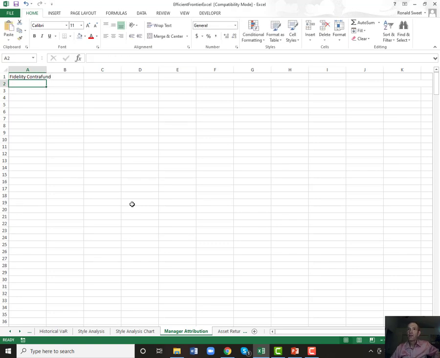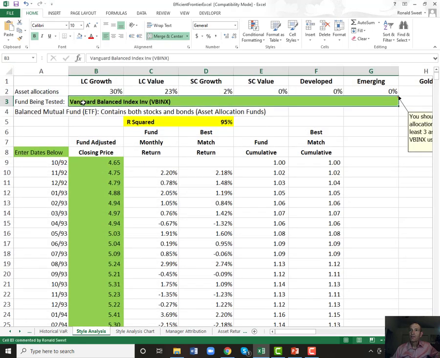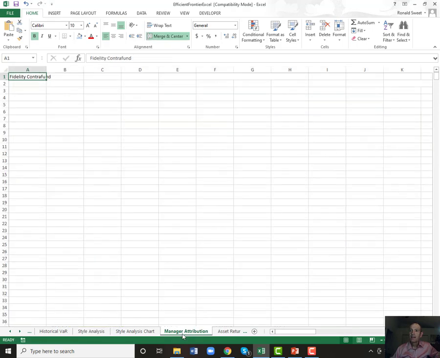Now I'm going to use the Fidelity Contra Fund. It's a popular fund. It's a huge fund. It has a tremendous history. So I'm using that fund, which means just like with the style analysis, you can't use the VBINX. For manager attribution, you cannot use the Fidelity Fund. So what do we do? It looks real similar to what we did with the style analysis.